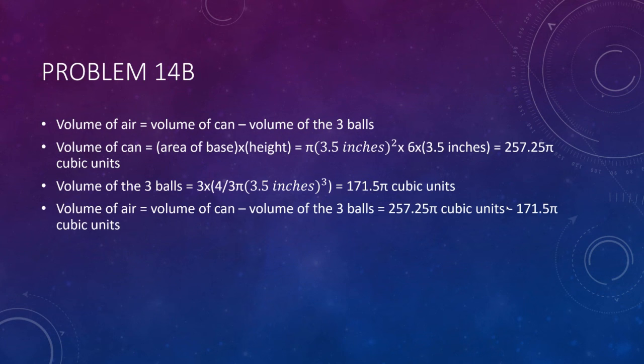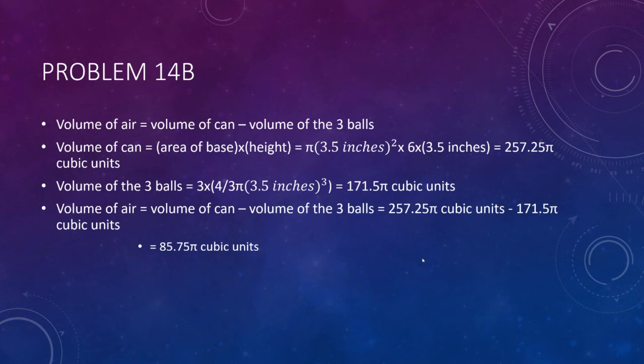So 257.25 pi cubic units minus 171.5 pi cubic units, and that comes out to be 85.75 pi cubic units. So now I've figured out the volume of the air.